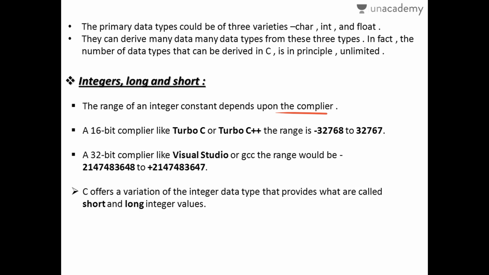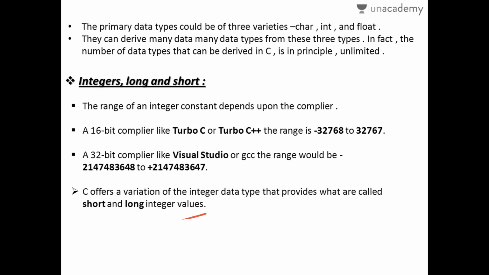We see for Turbo C or Turbo C++, they are 16-bit compilers whose range is from -32768 to 32767, whereas for a 32-bit compiler like Visual Studio or GCC, we have a different range of long and short integers.